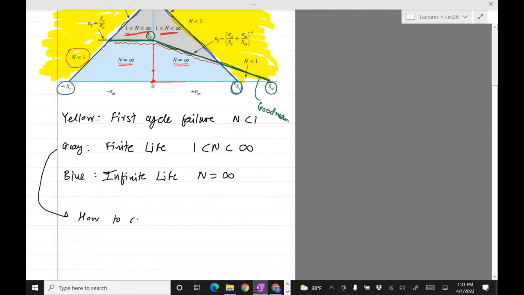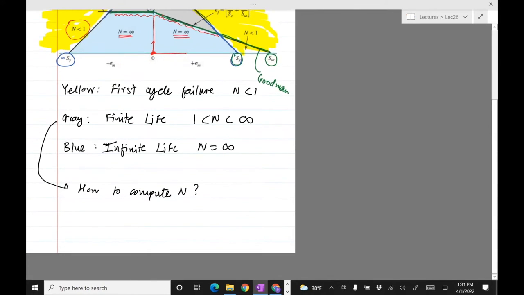So how do you compute n? I think the formula is S_f equals a N_f raised to b, where a and b are constants which are functions of S_ut, S_e, and I think there's a small f.